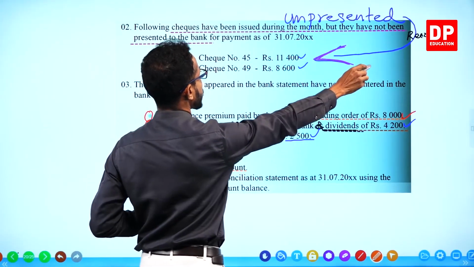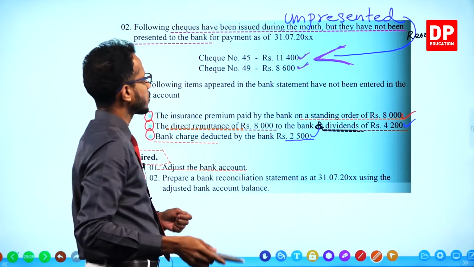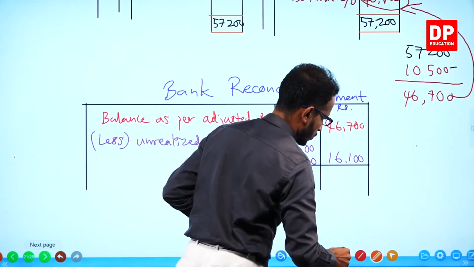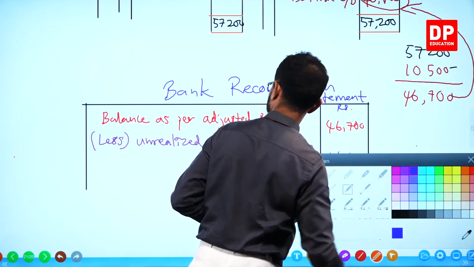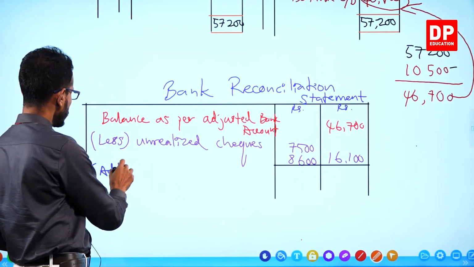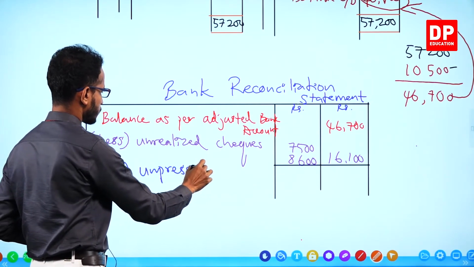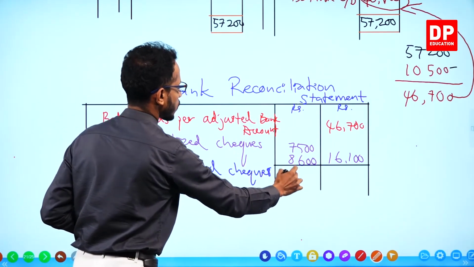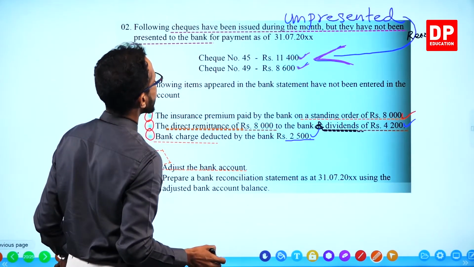11,400 and 8,600. 11,400 and 8,600 unpresented checks. Add. $11,400, 8,600.